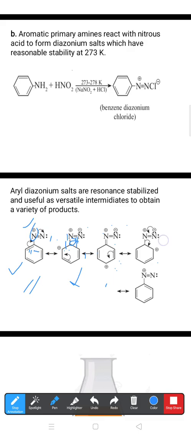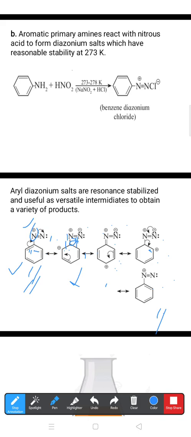That's why we can get the structure like this: N plus triple bond N with a lone pair of electrons, and here we get a double bond at this position, and this positive charge is removed in this structure. Now structure number 1 and the last structure are actually both the same, but by what means are these different?